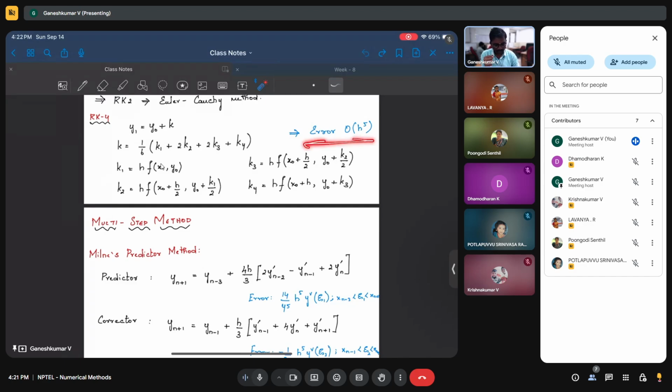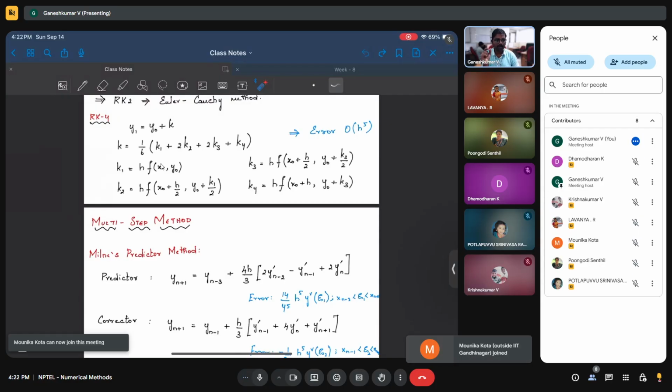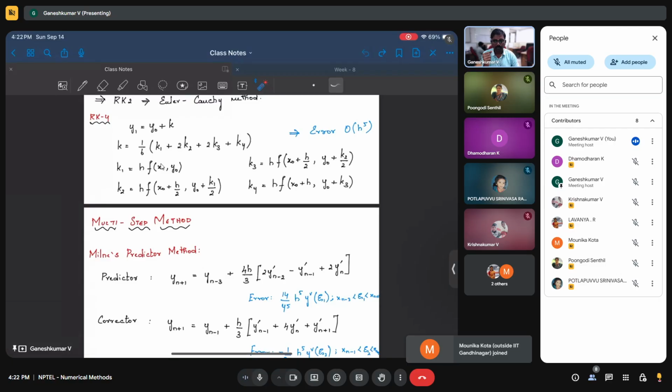This is even more accurate, with error of order h power 5, which means it is fourth order accurate. So these are RK methods. Usually people use RK2 and RK4 at maximum. Sometimes RK3 also, but RK4 is the most famous, everyone uses.